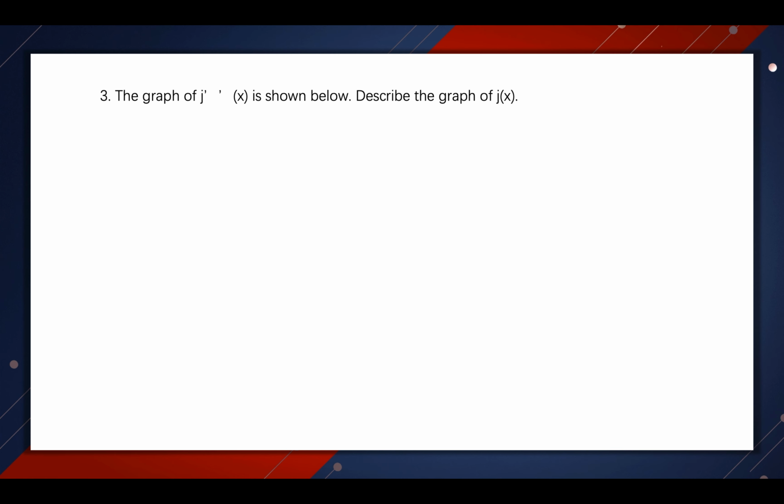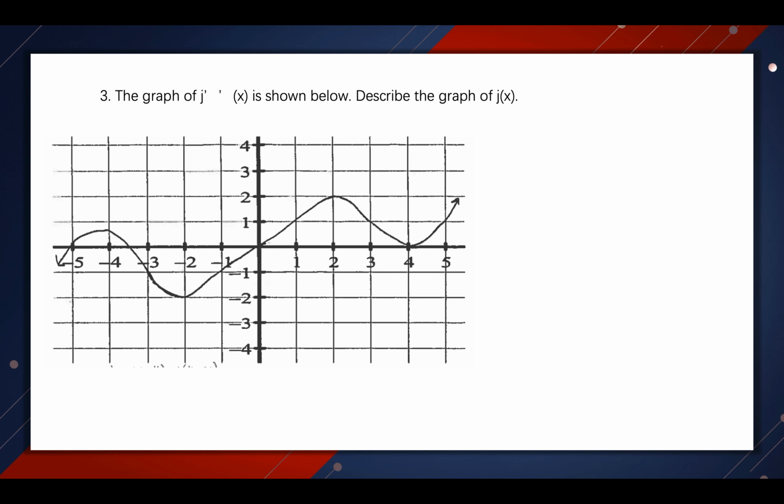The third example is that the graph of g double prime of x is shown below. Describe the graph of g of x. And this is the graph of g double prime of x. So the point of inflection is when the curve crosses the x-axis, and it is when x equals -5 and x equals 0.